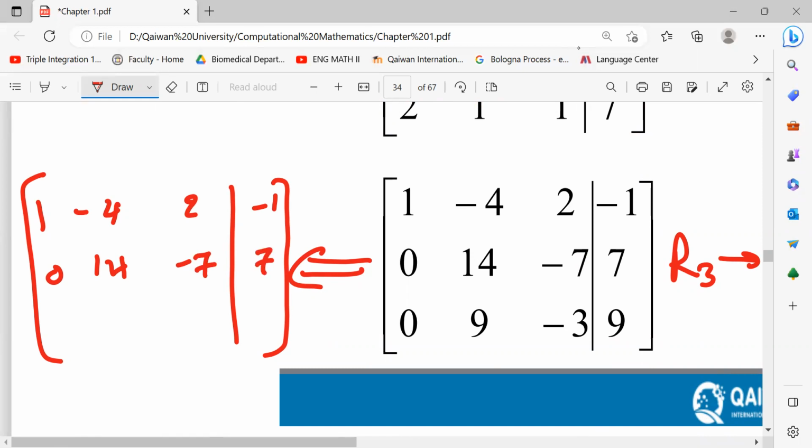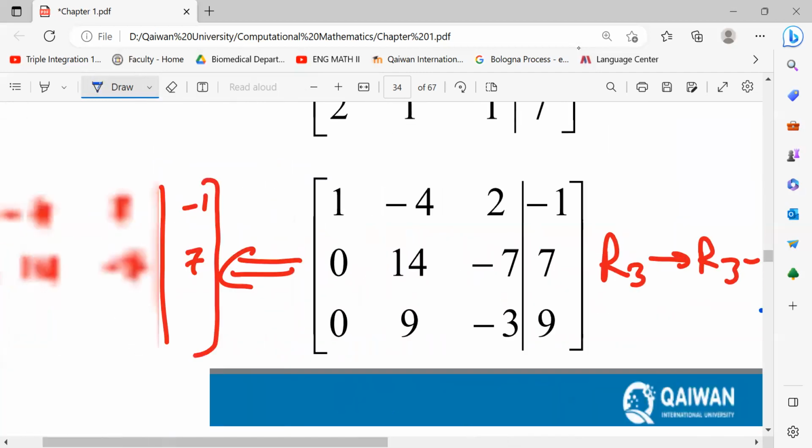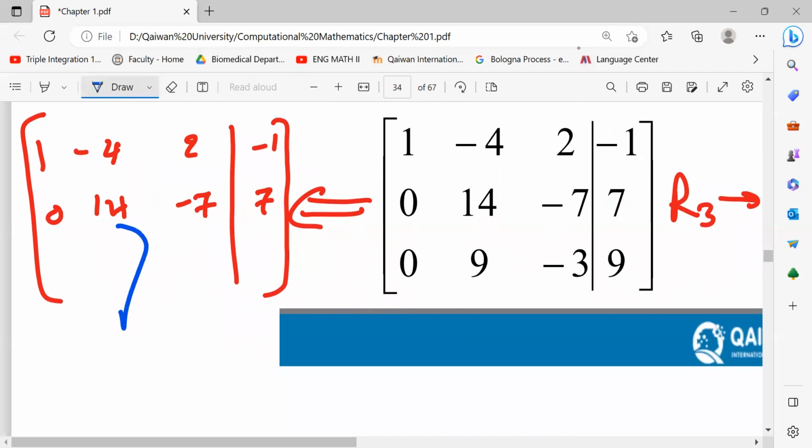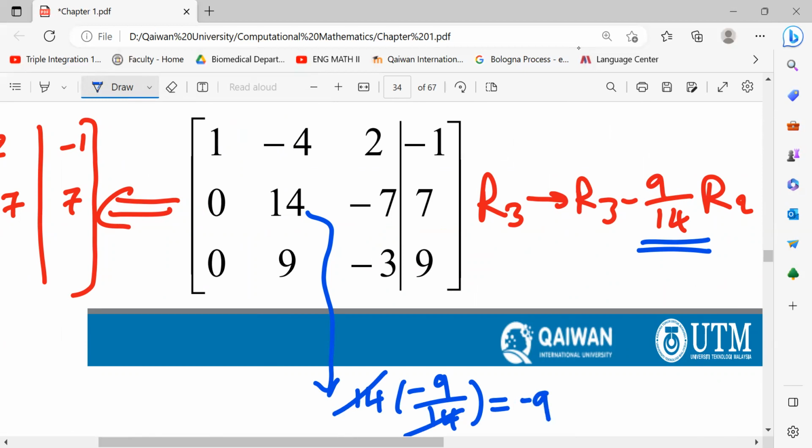Now, if you multiply row 2 by minus 9/14. Look, this is 14. If you multiply it by minus 9/14, what do we get? Minus 9. Okay? And for this one, 0 multiplied by minus 9/14, we get 0.